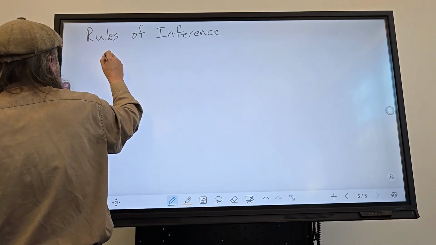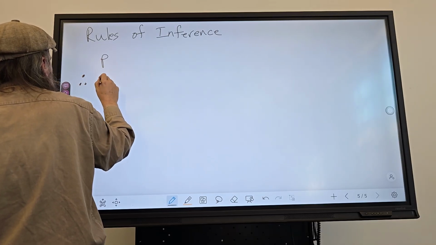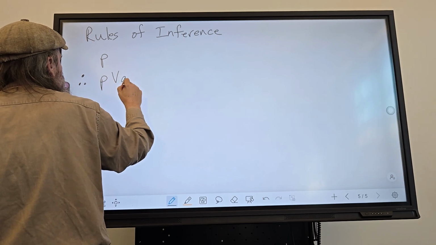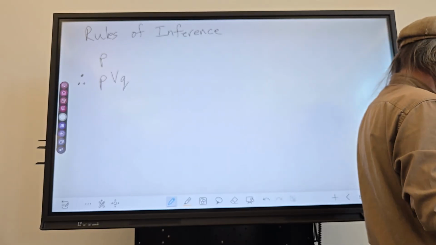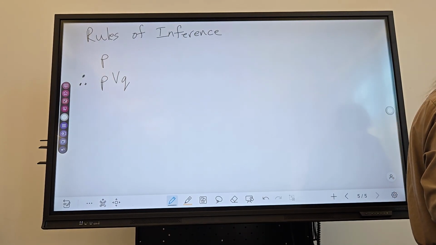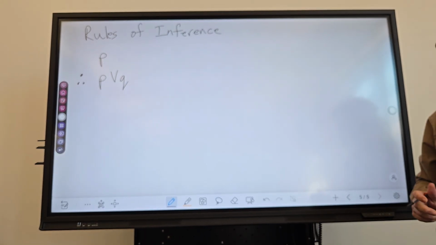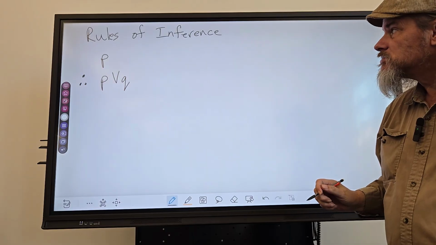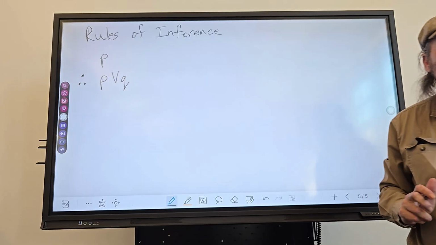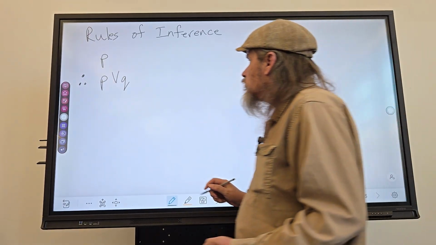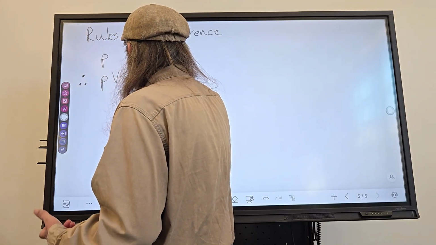So P is true, therefore P or Q is true. More generally, P or Q is also true for any statement Q. If P is true, we saw this in the logical equivalence. P is true, making that a tautology.